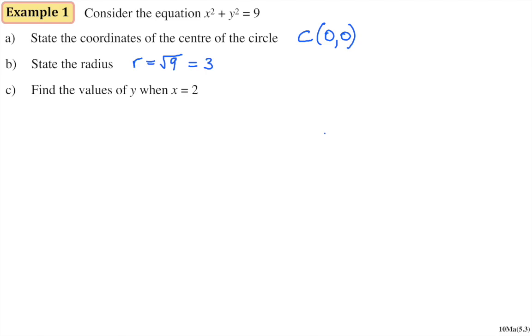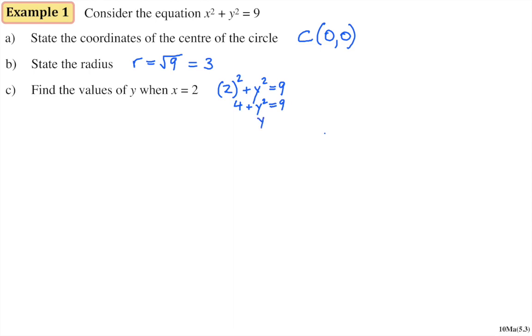Let's find the values of y when x equals 2. So we're focusing on the formula, and everywhere we see x in the formula, we're putting 2 in its place. So the formula now becomes 2 squared plus y squared equals 9. That gives me 4 plus y squared equals 9, minus 4 to both sides.